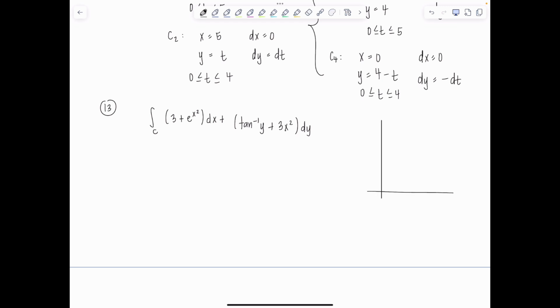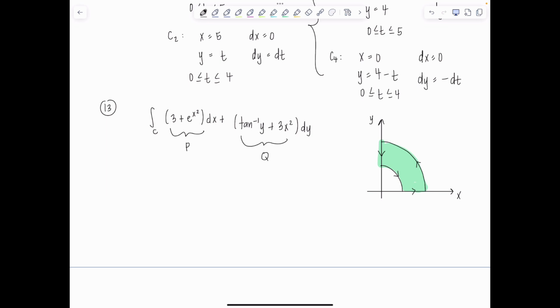I'm going to draw the region. I feel like we're going to integrate in polar, right? So the curves are this way, this way, this way, this way.